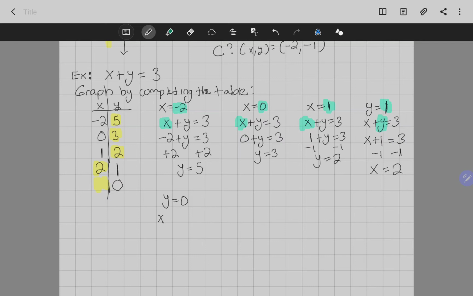So I got x plus y equals 3. I replace the y with the 0. So x plus 0 equals 3. That's a 0, so nothing really changes. So I got x equals 3. And now I have completed my chart.